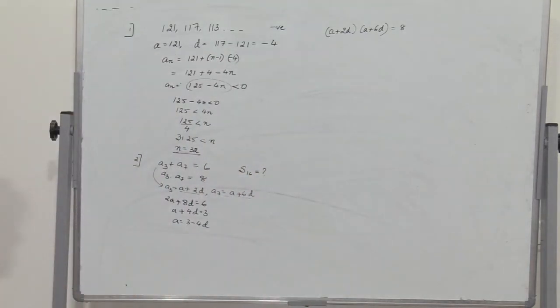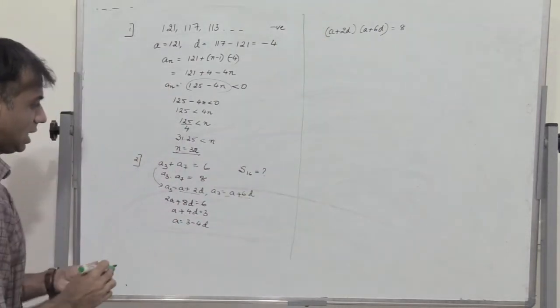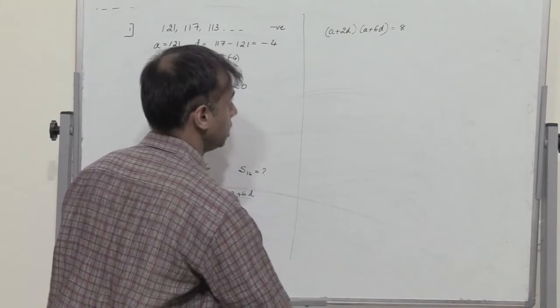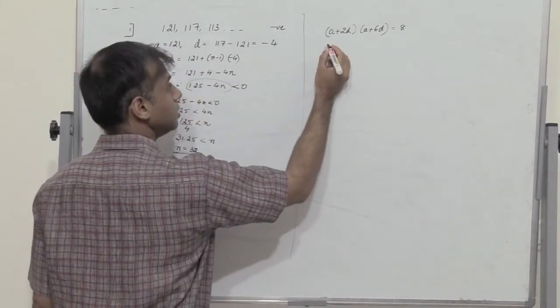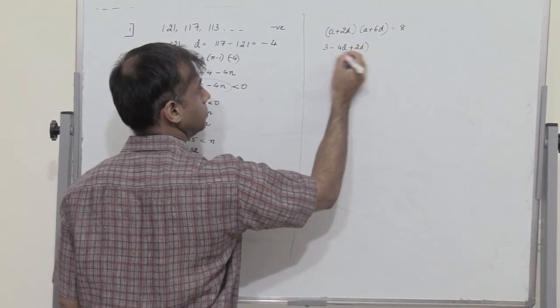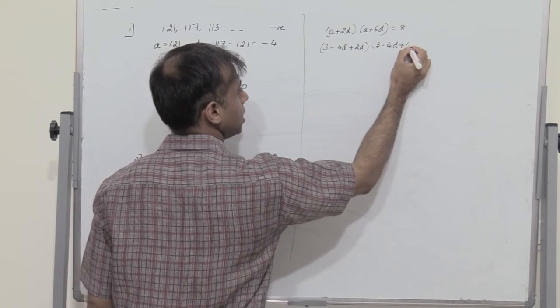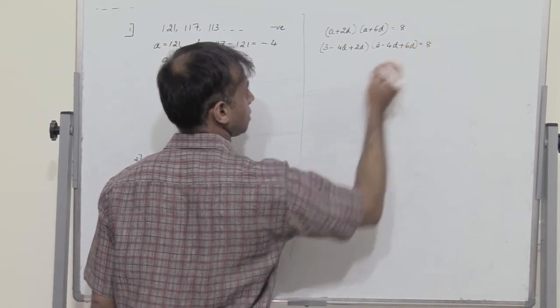So now let me substitute for a in this expression. So a equals 3 minus 4d. So we have 3 minus 4d plus 2d into 3 minus 4d plus 6d equals 8.